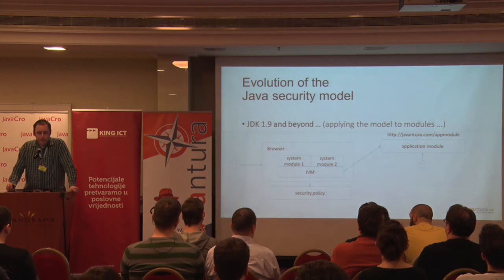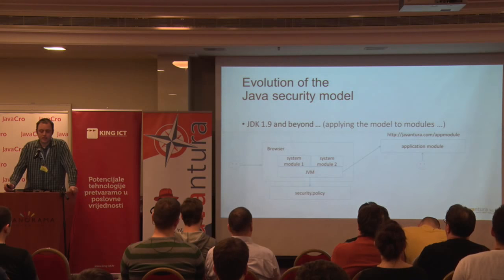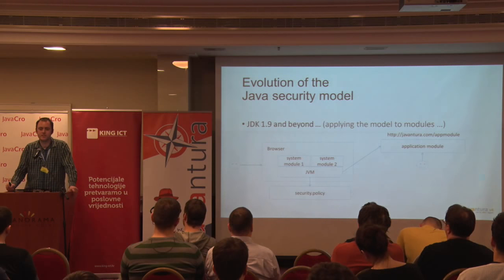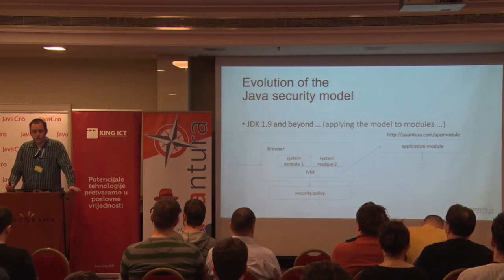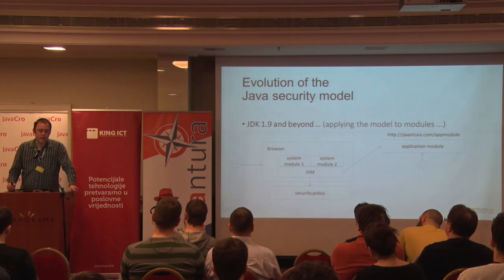In JDK 1.9, as most of you know, a modular system for Java is targeted. Not a fully modular system as Milen described, but modular in terms of the JDK. With the introduction of Jigsaw, essentially the JDK code base is split into modules.